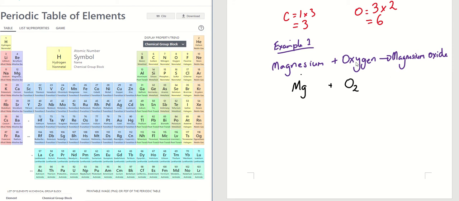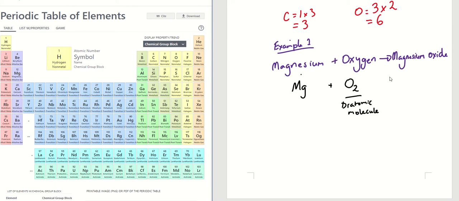So whenever any word equation mentions oxygen, nitrogen, fluorine, chlorine, etc., you always write it with 2 atoms. Just keep that in mind. We call this a diatomic molecule, sorry, not atom. So it comes in pairs.